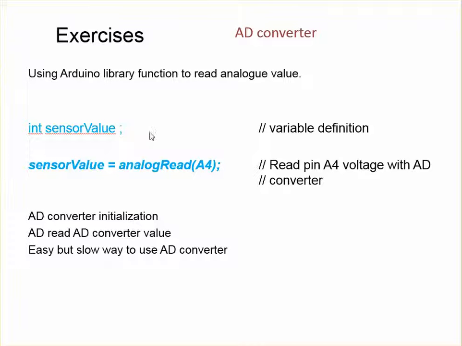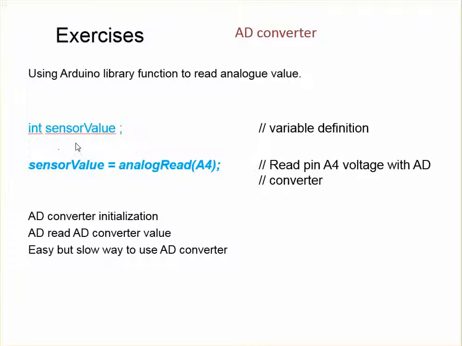This is a very easy way, but it's also a very slow way. So when you do the first trials, you could use these library functions, but if you would like to make a real working code, it might be feasible to use this register manipulation, using the AD converter directly through these registers.